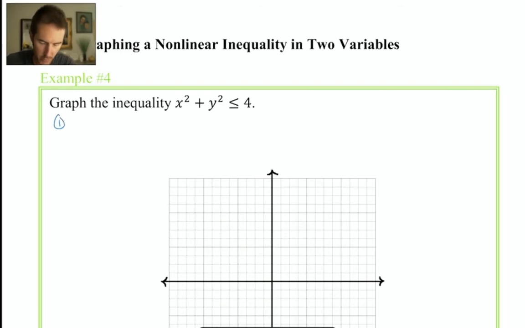So the first thing I'm going to do is pretend that it's an equal sign. And remember that the less than or equal to symbol implies solid line. So this is an arrow.